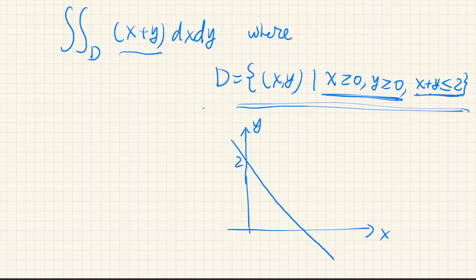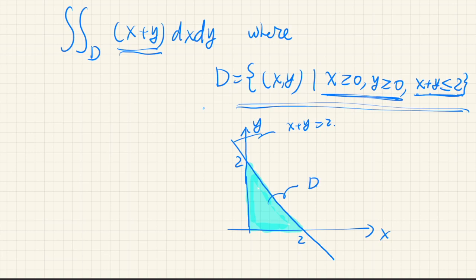So this is 2, this is 2. The y-intercept is 2 and the x-intercept is also 2. So this line is x plus y equal to 2, and less than this means this region. So we integrate this function on this region D.